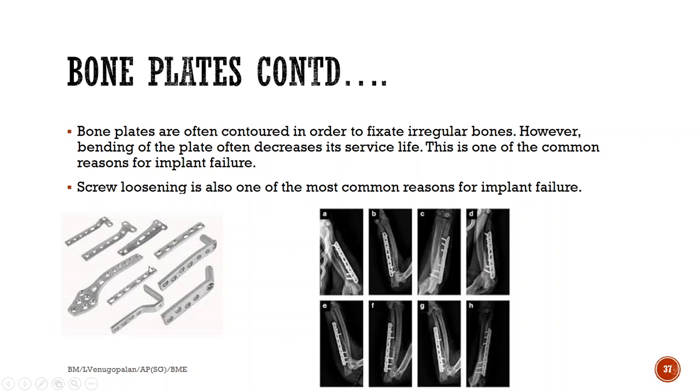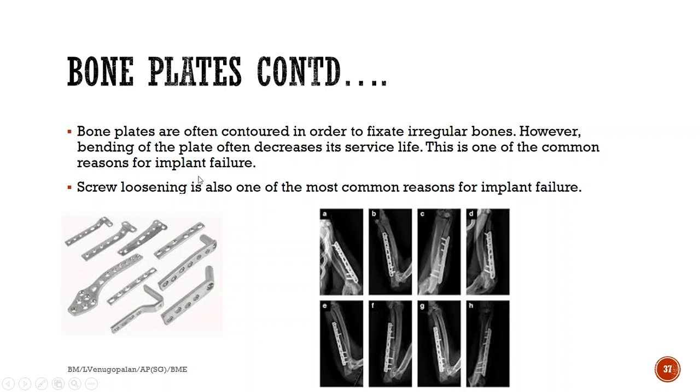Now the figure towards your left has got a few bone plates. This is how a bone plate looks. The holes in between the plate are where the screws are inserted and fixated, and these screws are fixated to the bone. The figure towards the right has got a few examples. This is an example where a bone plate is inserted on a fractured long bone in order to fixate it.